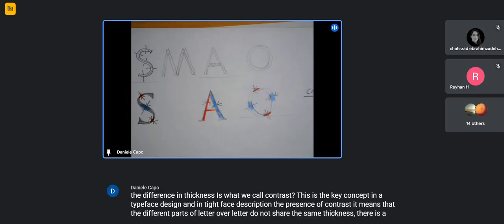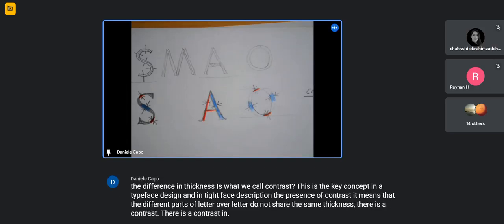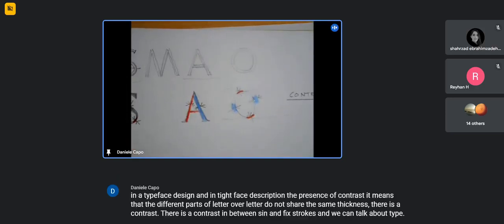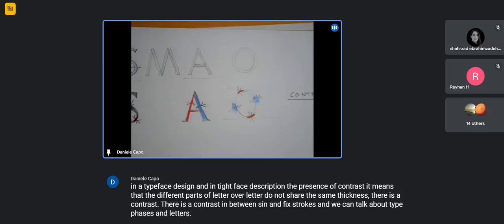There is a contrast in between thin and thick strokes. And we can talk about typefaces and letters using this concept of high and low contrast or no contrast at all.